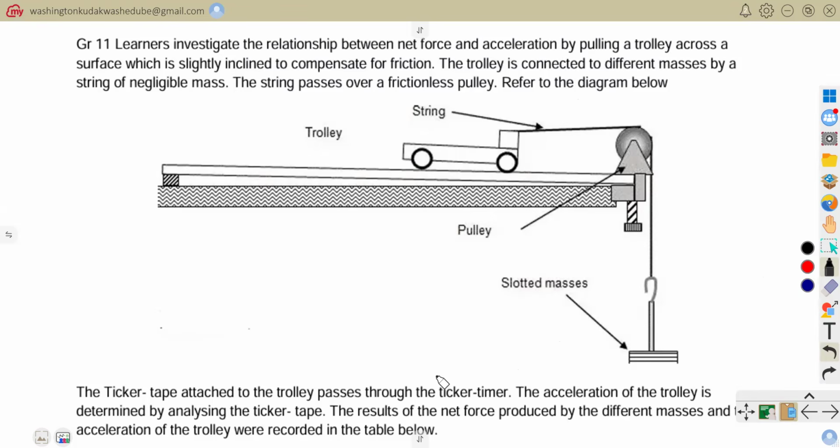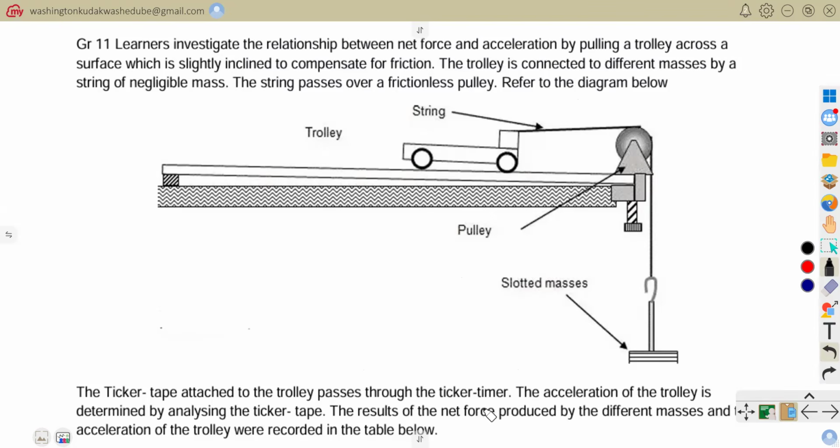That would determine whether our speed is changing or remaining the same, either increasing or decreasing. Then it will determine if the increase in net force is directly proportional to the increase in the acceleration, or else it's inversely proportional. That is how we would determine that.